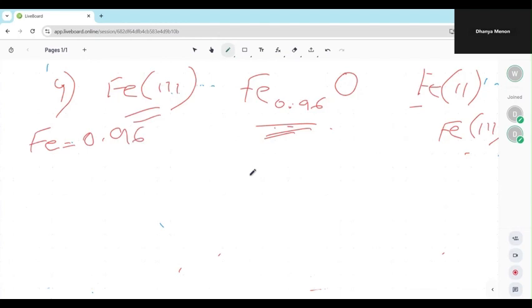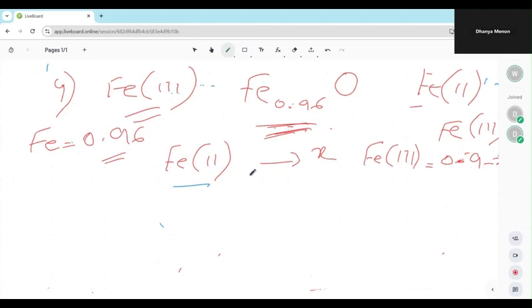Okay, now Fe2, let the amount of Fe2 be X. If the total amount is 0.96, then what will be Fe3? It will be 0.96 minus X. So Fe 0.96 is made up of iron 2 and iron 3.